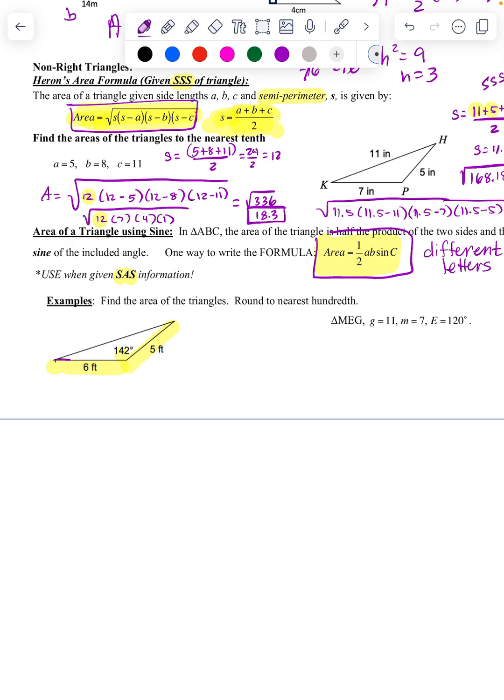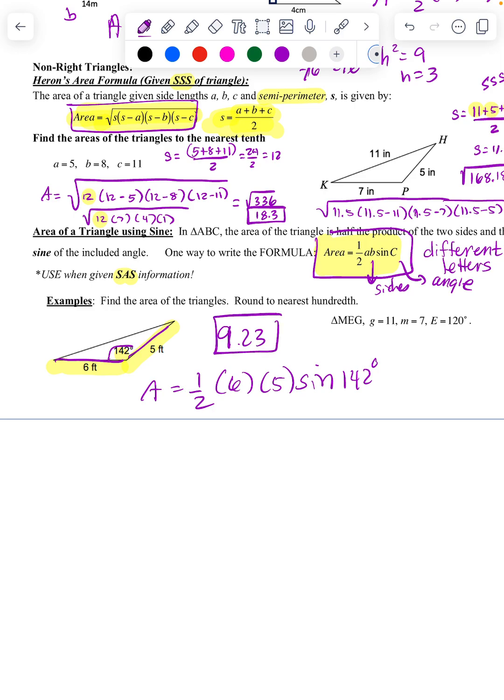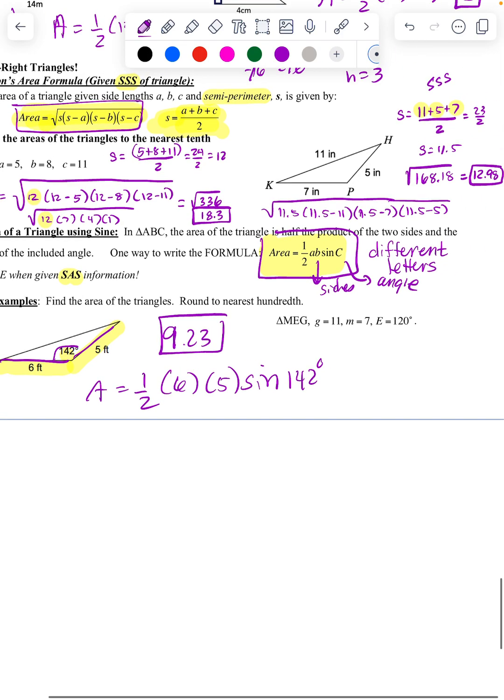In this case, I have side, angle, side, so my area is going to be 1/2 times the two sides times the sine of the angle they form. So I'll have 1/2 times 6 times 5 times the sine of 142. When I did that, I got about 9.23 as my area.